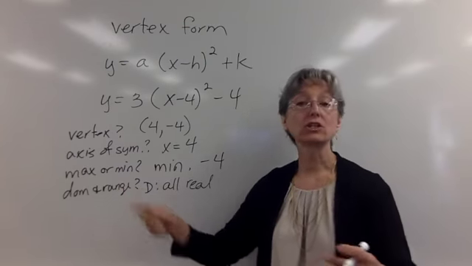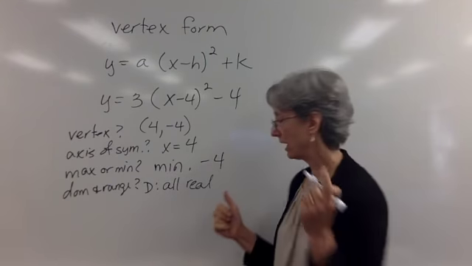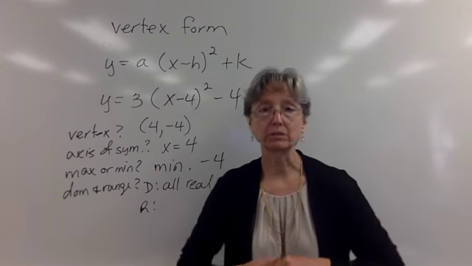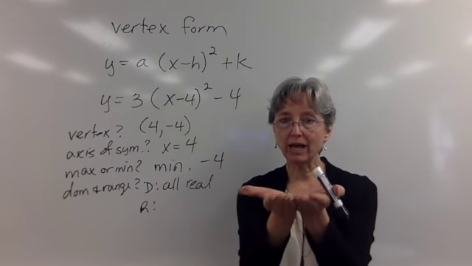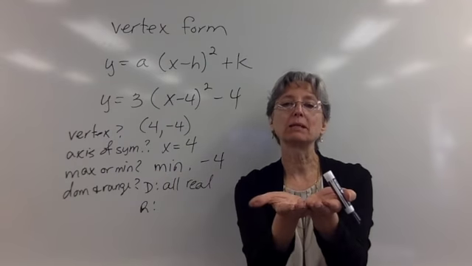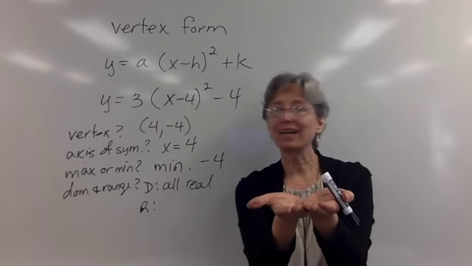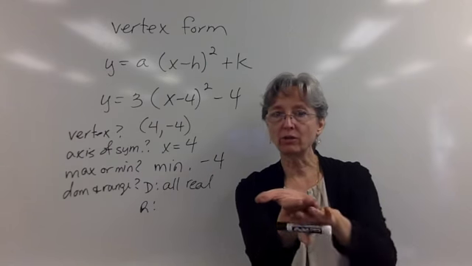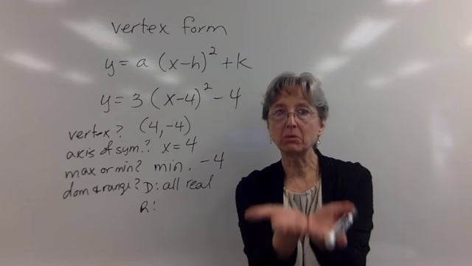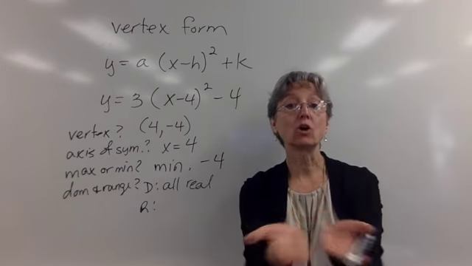Now the range is what's going to come out. And here you have to think with parabolas. Remember, this is a parabola shaped like a bowl that opens up, and it has a minimum. So the range, you're not going to have any outputs at all that are below that minimum. Everything is going to be from the minimum upward because it opens up.